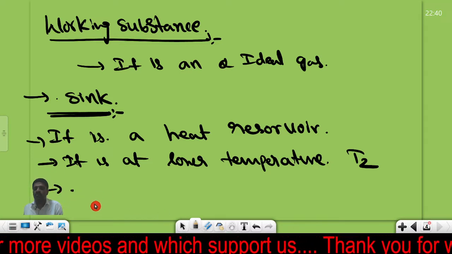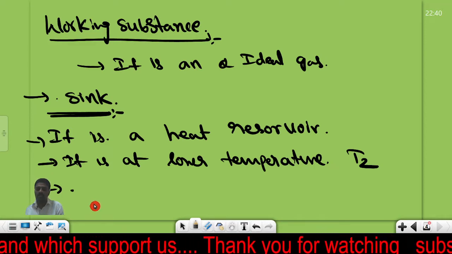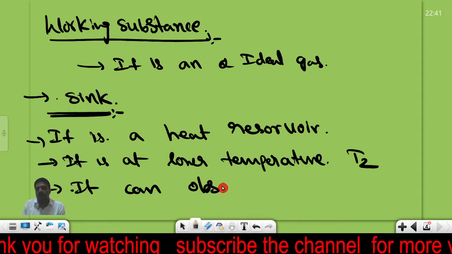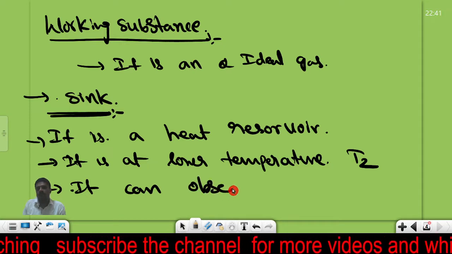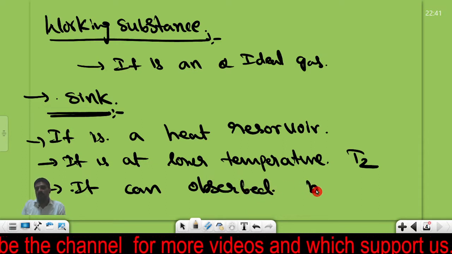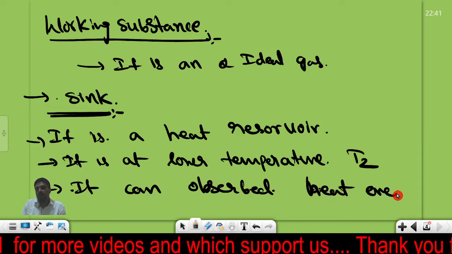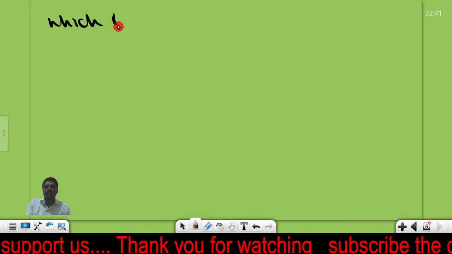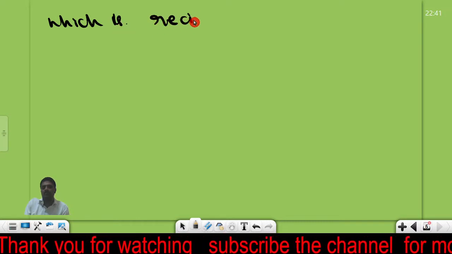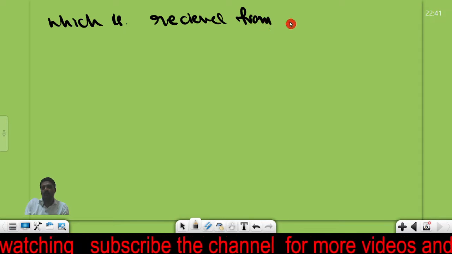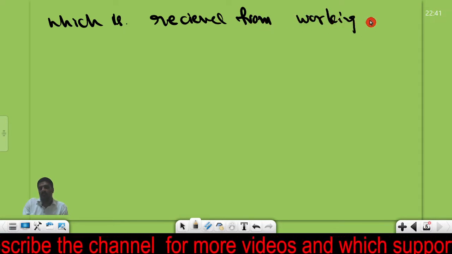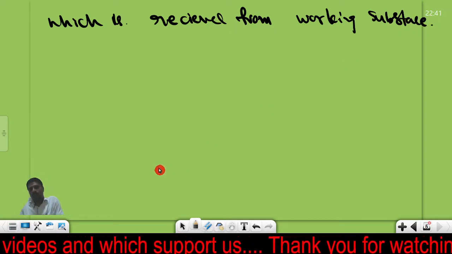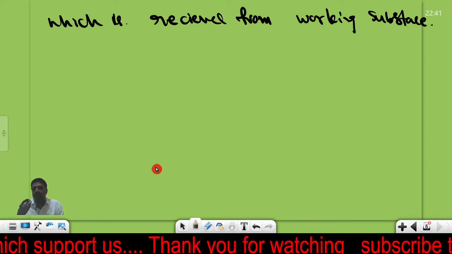It is ready to absorb heat energy sent from the working substance. From the working substance the heat energy can be absorbed, so this is ready to absorb the heat energy from the working substance.